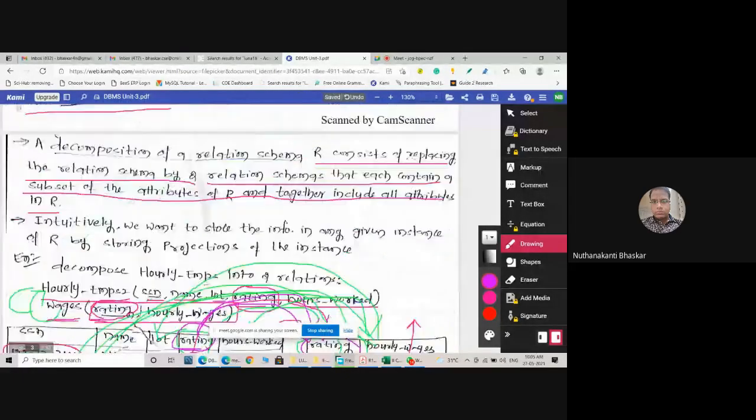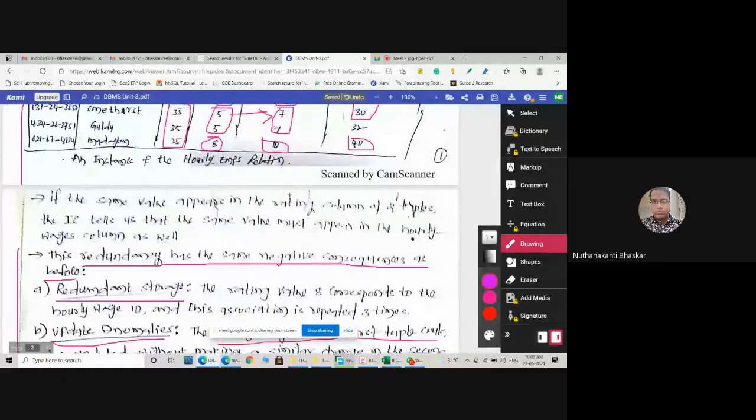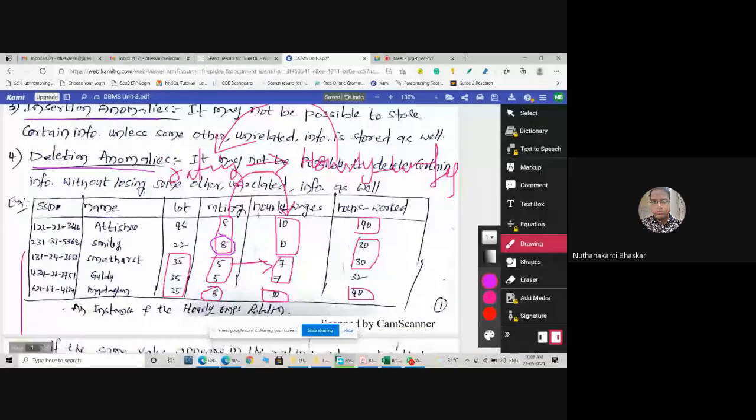Functional dependency is nothing but, in a table, one particular attribute depending on another attribute. Here in this table, hourly wages depends on the rating. That is called a functional dependency.